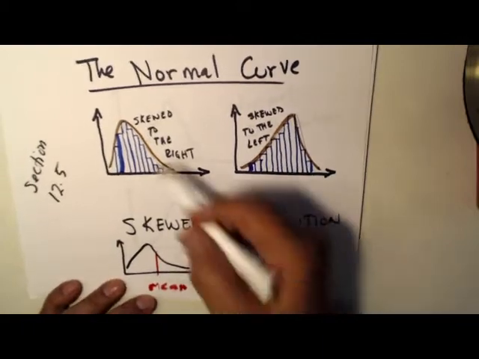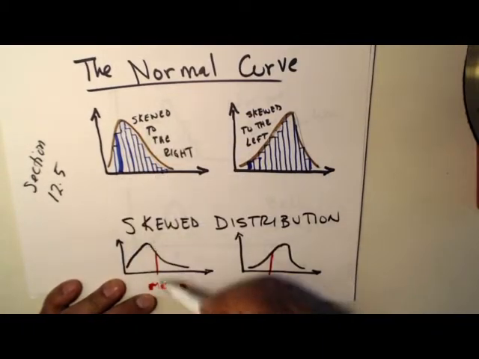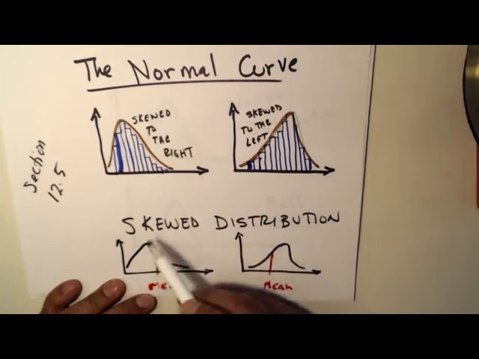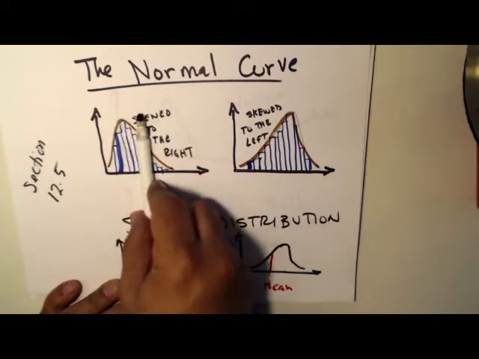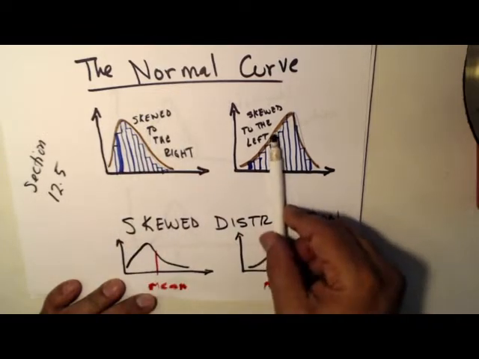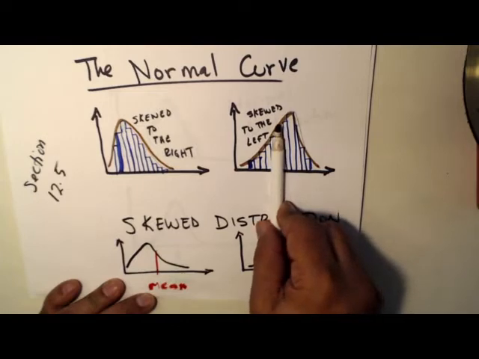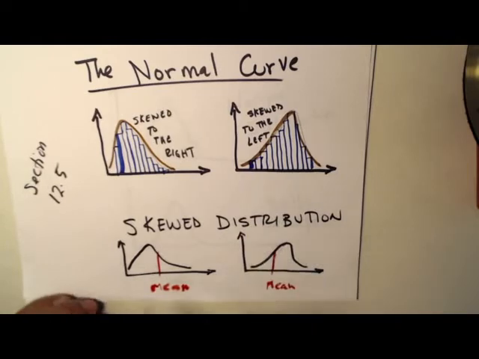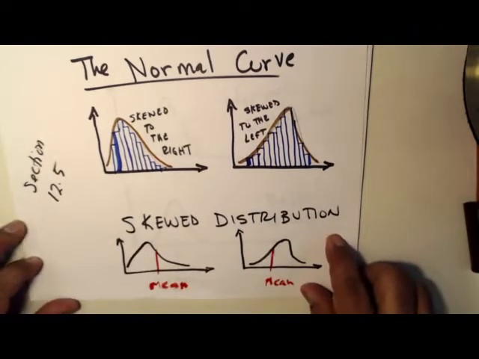So that's more or less what's going on here, and the mean basically is moved not at the peak, but somewhere after. And over here the mean is before. This will be skewed to the left. So these are skewed distributions.